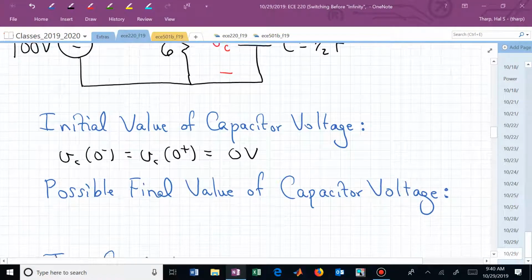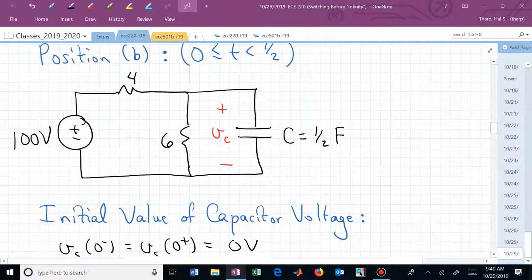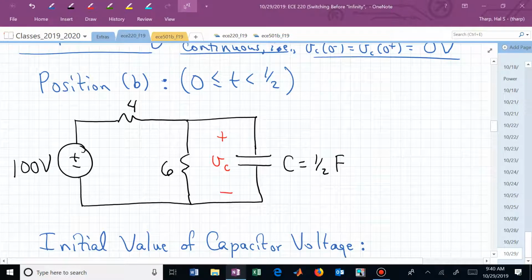Now, if we just didn't worry so much about the 1/2 upper limit, if we just said, okay, we have this circuit and we have 0 volts across the capacitor at 0, what's the capacitor voltage going to be when we get to the steady state condition? What's a possible final value for that capacitor voltage?